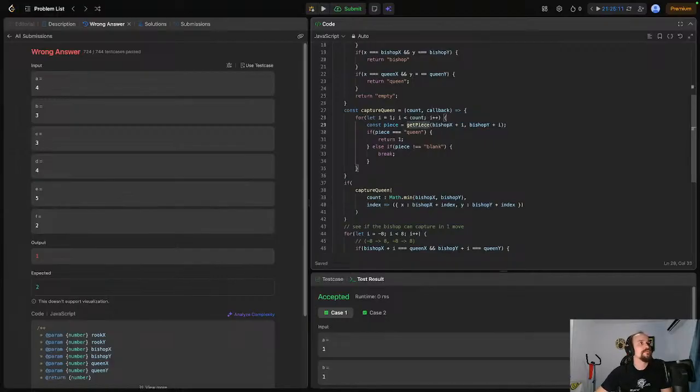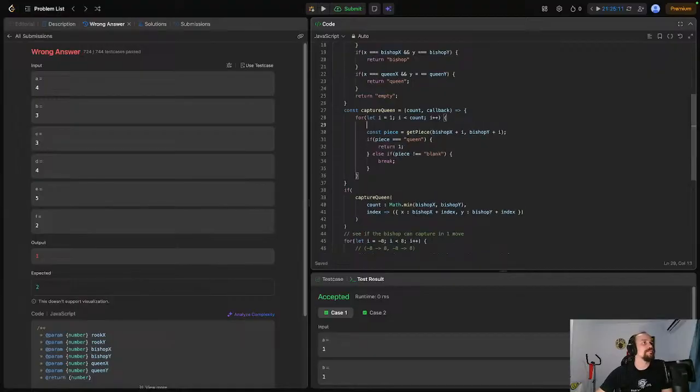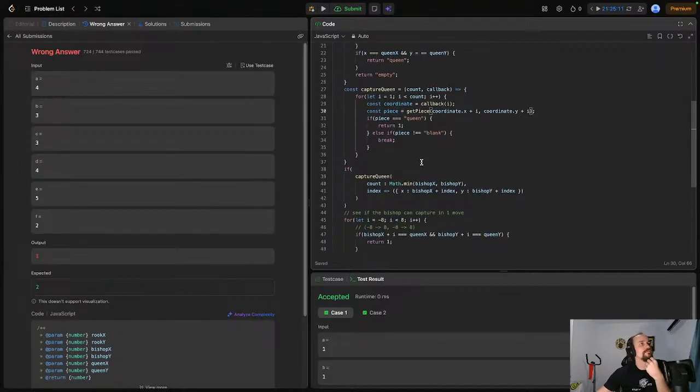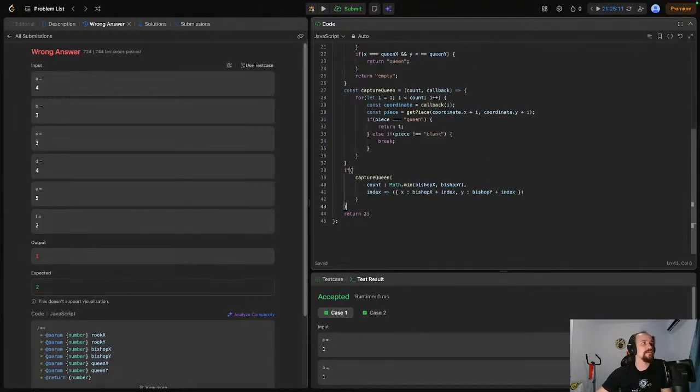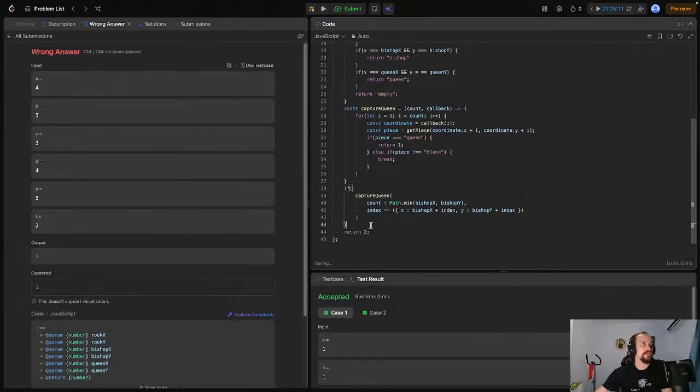Count. const coordinate equals callback i, and then it'll be piece, sorry, coordinate dot x, coordinate dot y. Okay, so we should be able to simplify all of this and have this if return 1.